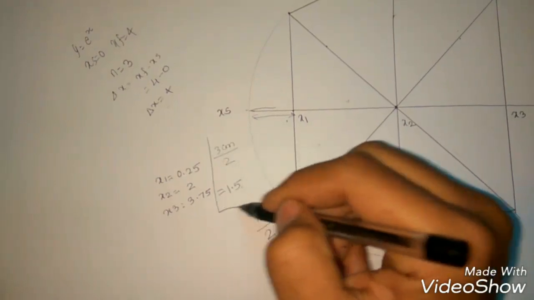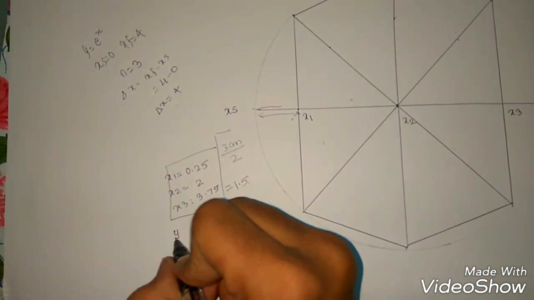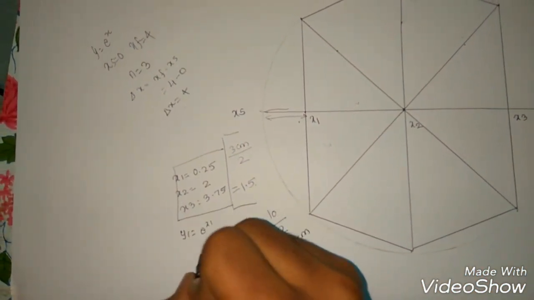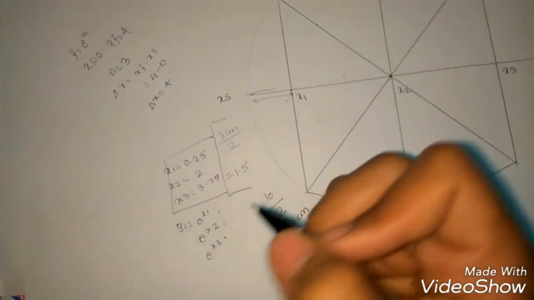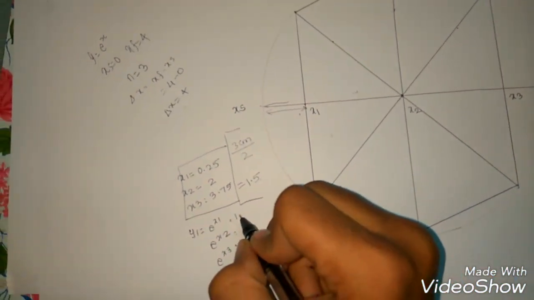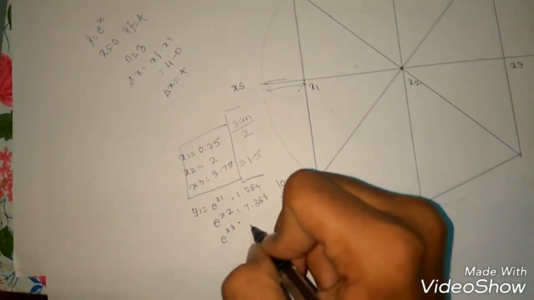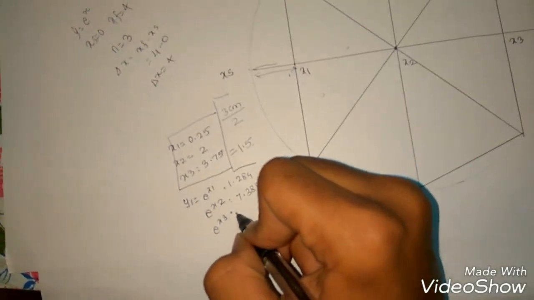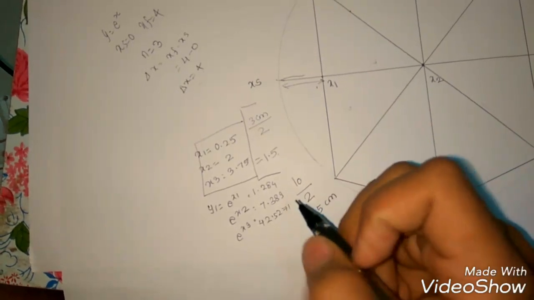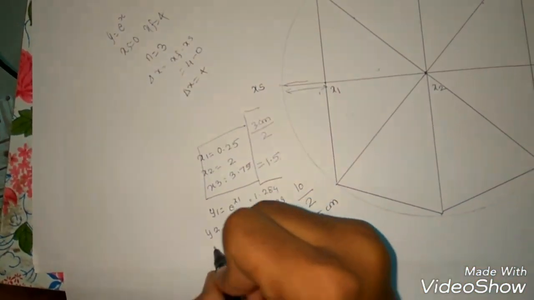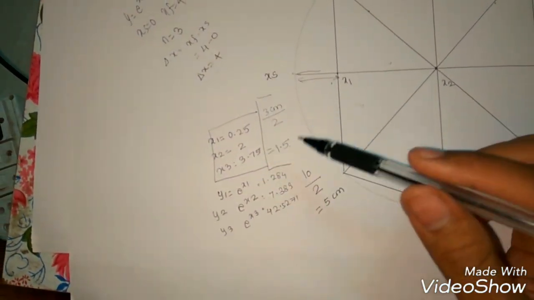So these are the answers I was getting on a graph paper, and you can find out the y value by e raised to x1, e raised to x2, e raised to x3, which will be around 1.284, 7.389 and 42.5271. These are the approximate answers of what you get for the corresponding values, and you have found out successfully the precision points using the graphical method.